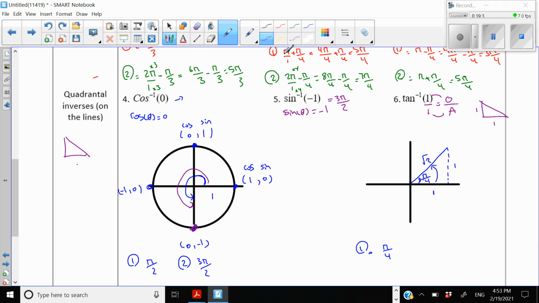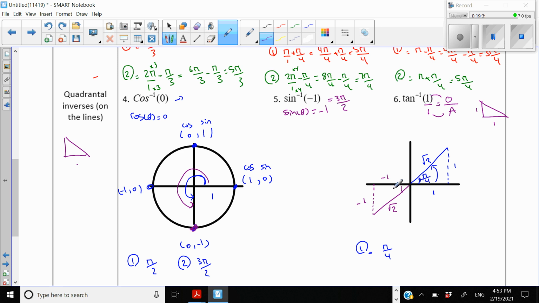The next one: we said tangent is also positive in the third quadrant here. This is my reference angle, right triangle. Ratio of the sides, opposite is 1, adjacent is 1. In this case, both of them are negative, because this is on the left side, below the x-axis. The Pythagorean theorem gives me this side as radical 2.